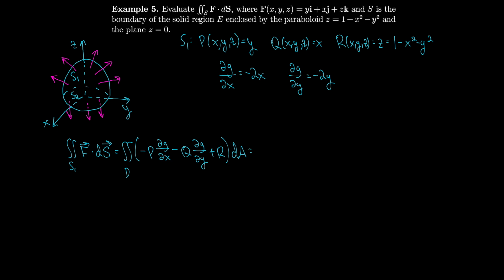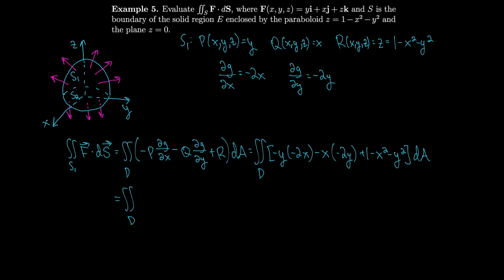So that'll be the double integral over D of minus y times minus 2x, minus x times minus 2y, plus 1 minus x squared minus y squared dA. So that's the double integral over D of 1 plus 4xy minus x squared minus y squared dA.